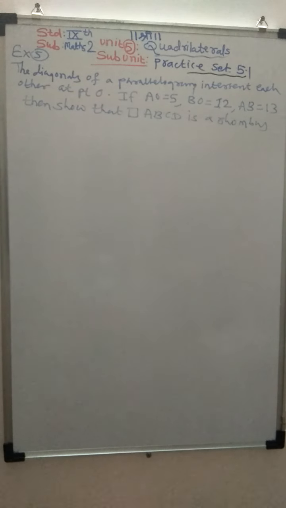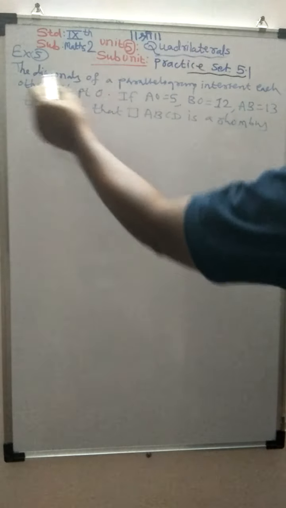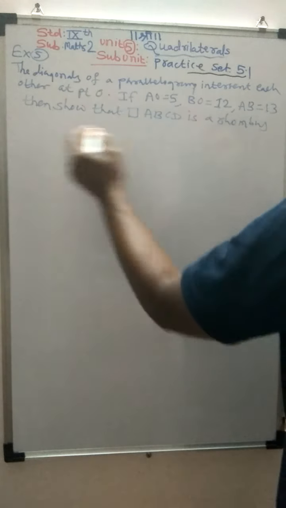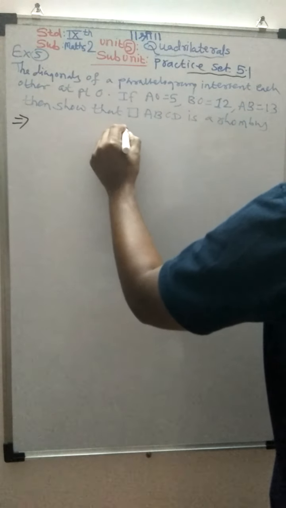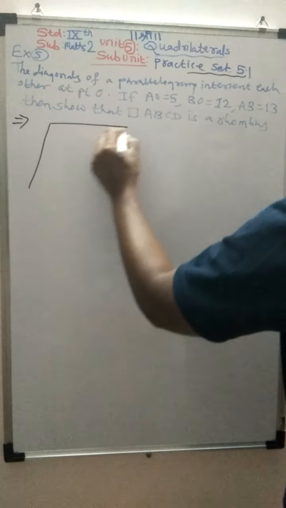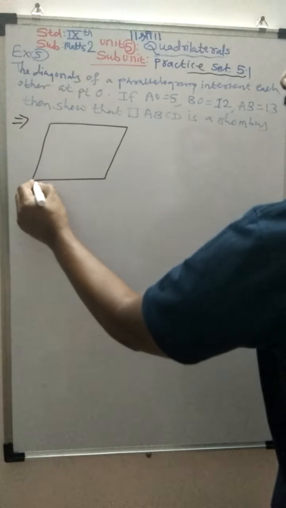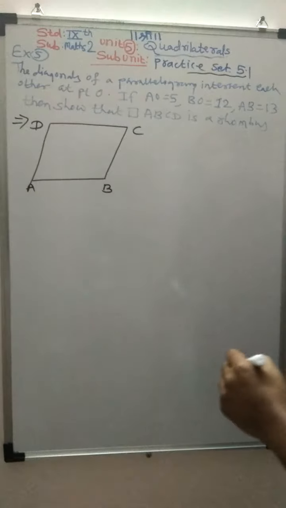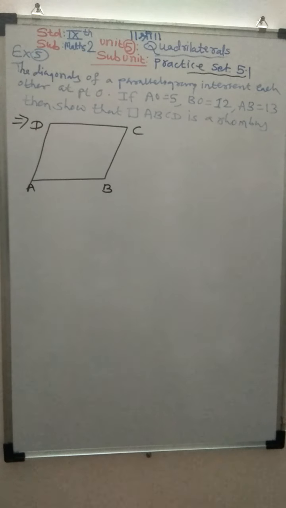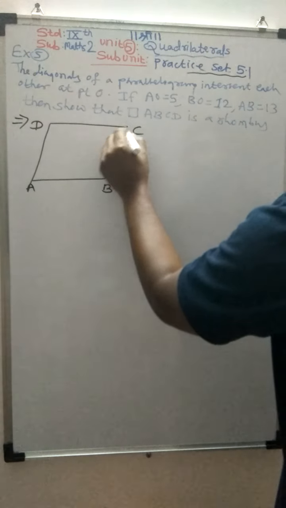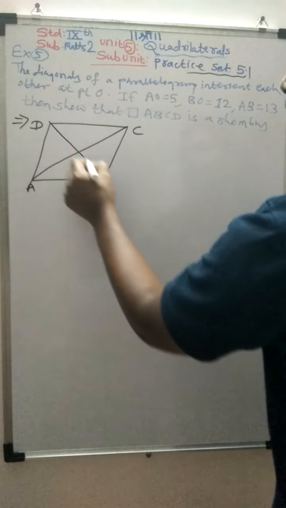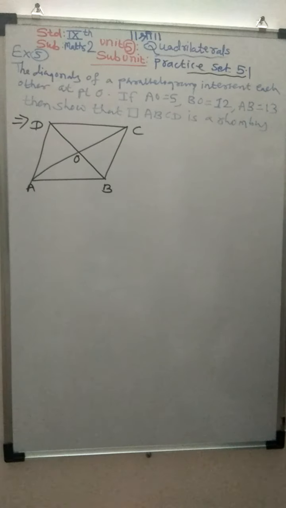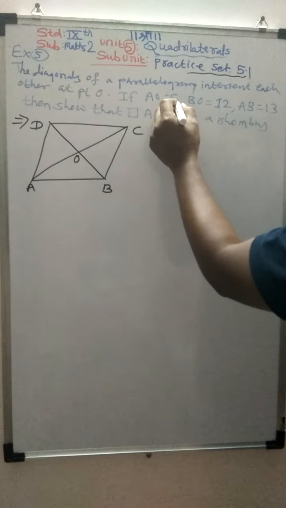Example number 5. Read carefully. The diagonals of a parallelogram intersect each other at point O. By using this, we draw a rough figure. ABCD is a parallelogram. Its diagonals, means diagonals AC and BD, intersect at point O. Also note the given measures.